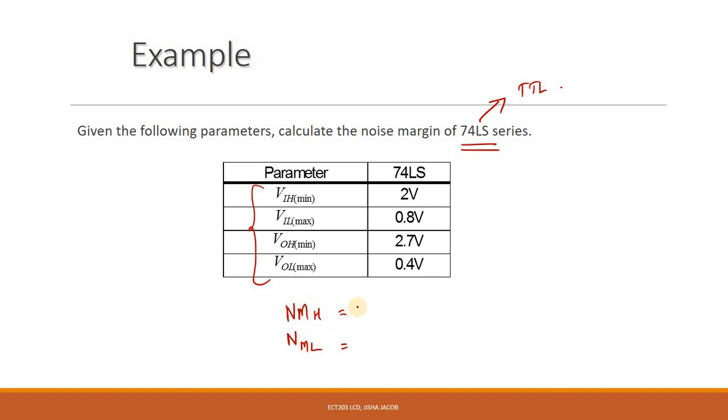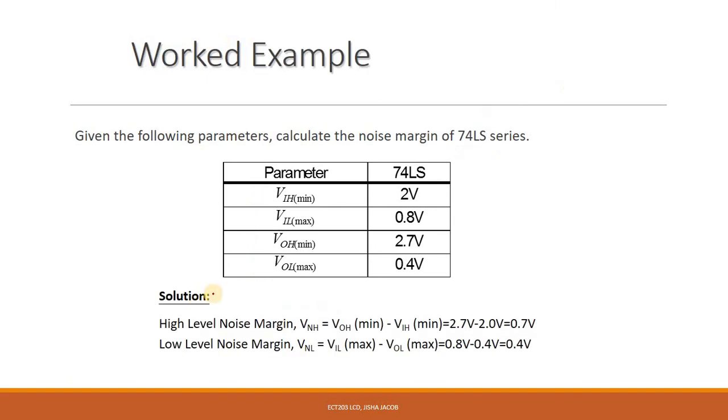We already know the equations. NMH, that is noise margin high, is equal to VOH minus VIH minimum. The values given are 2.7 and 2, therefore you get 0.7. Similarly, NML, corresponding to low, is equal to VIL minus VOL, that is 0.8 minus 0.4, which is equal to 0.4.